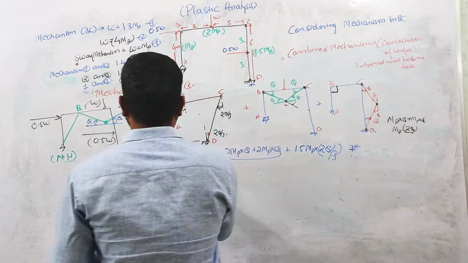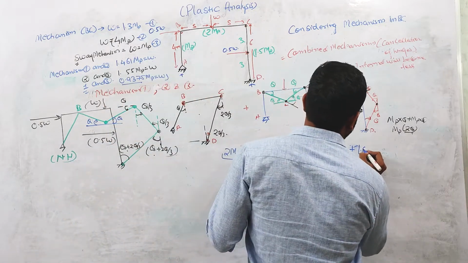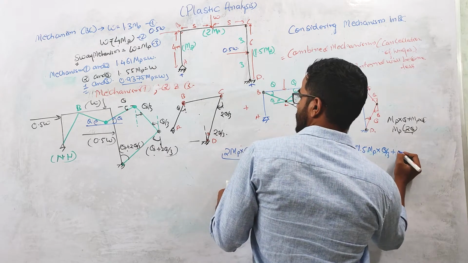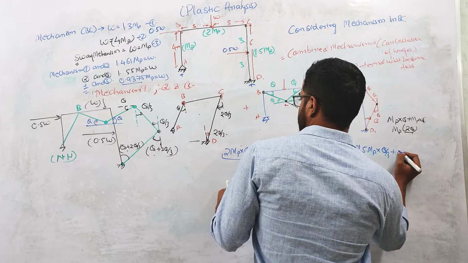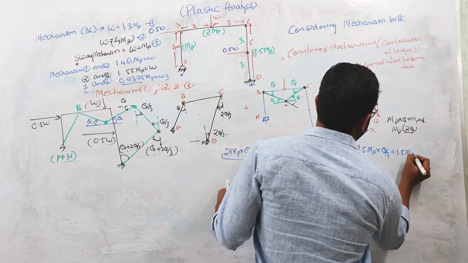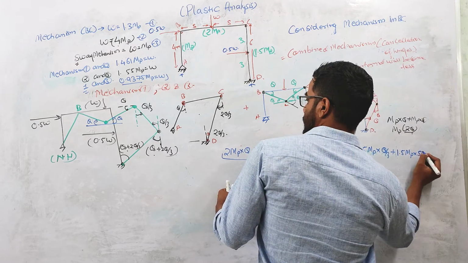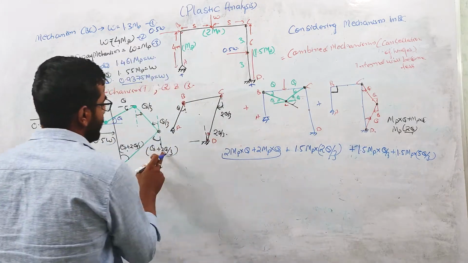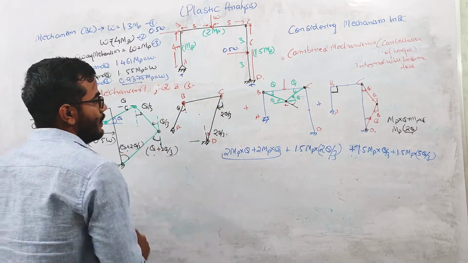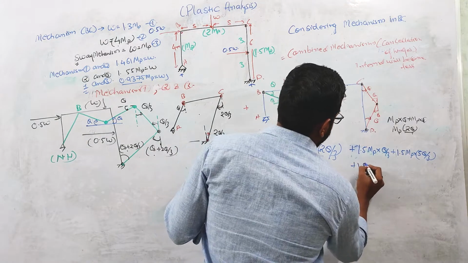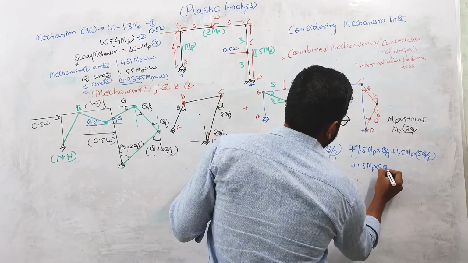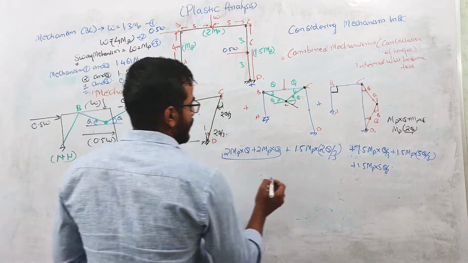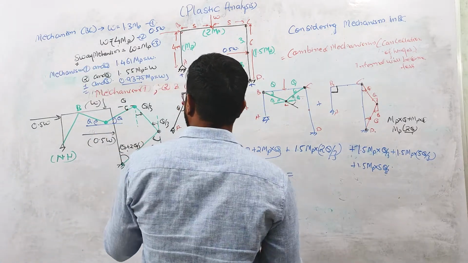So I will directly write 2 theta by 3, plus at this point the internal virtual work done will be 1.5 MP into theta by 3 plus 1.5 MP into 5 theta by 3. This will be theta plus 2 theta by 3, which is 5 theta by 3. So this is our internal virtual work done equation, which is equal to the external virtual work done.